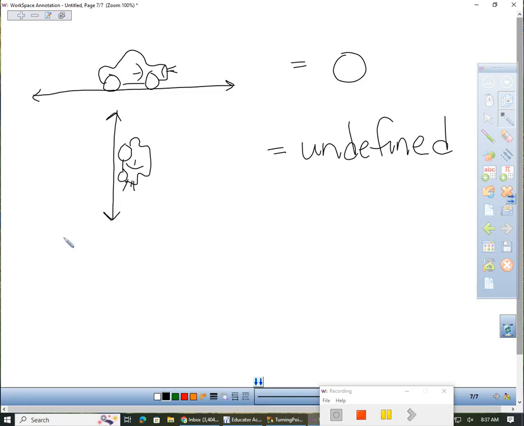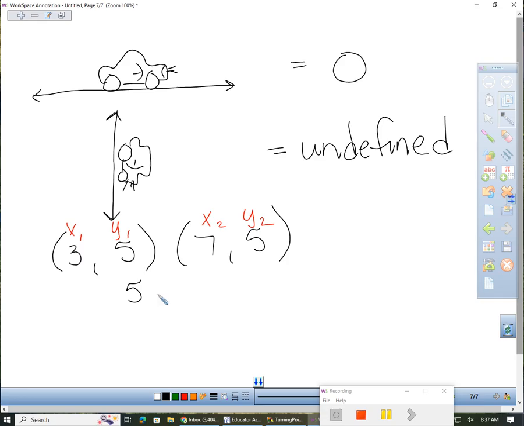So if I have 2 points, let's say I have the point 3, 5, and 7, 5. And I want to find the slope. So again, this is my x1, y1. This is my x2, y2. y2 minus y1 over x2 minus x1. 5 minus 5 is 0. 7 minus 3 is 4. 0 divided by 4 is 0.